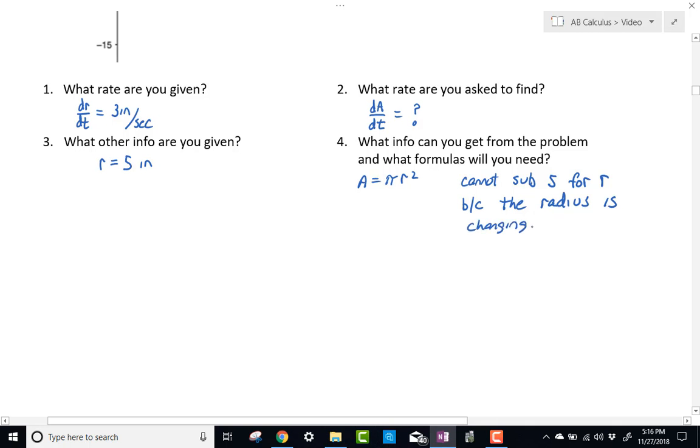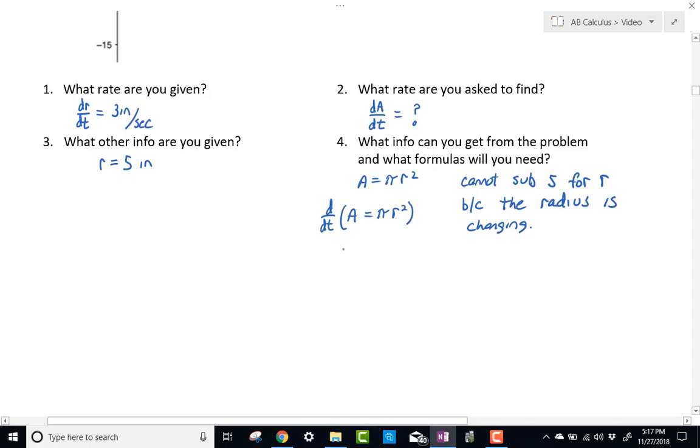So I can't just put in 5 and say, okay, what's the area? If I plug in 5 right now, that's all I get is the area. I want to know the rate of change of the area. So in order to find a rate of change, we need to take a derivative. So we're going to take d dt, the derivative with respect to time, of A equals pi r squared.